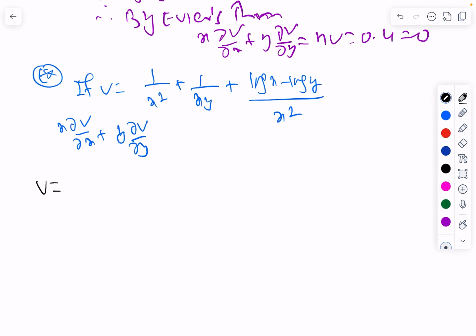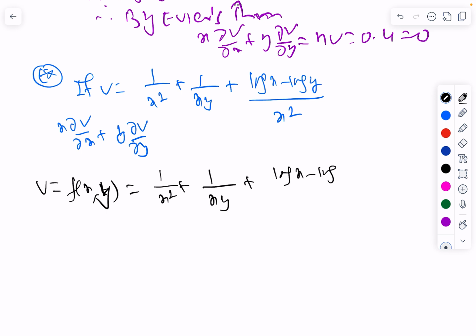So now here u is say f of x, y equal to 1 upon x square plus 1 upon xy plus log x minus log y by x square. This can be written as log of x by y.